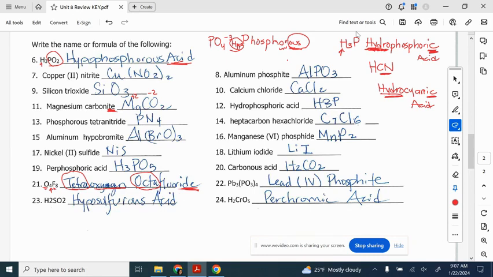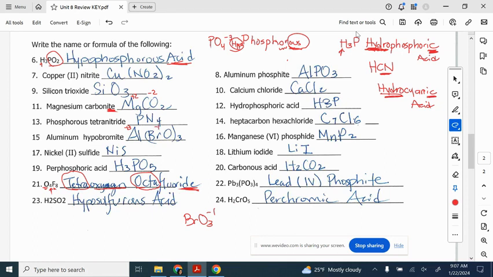Here, if we look at this guy, aluminum is a +3. Hypobromite, we don't have hypobromite on there. We have bromate. Bromate is BrO3 with a -1 charge. So this is a -1.